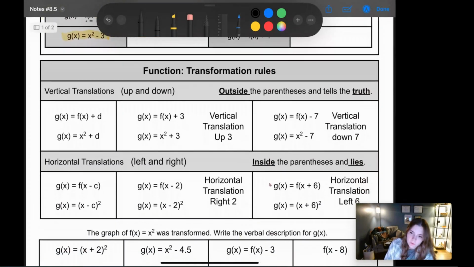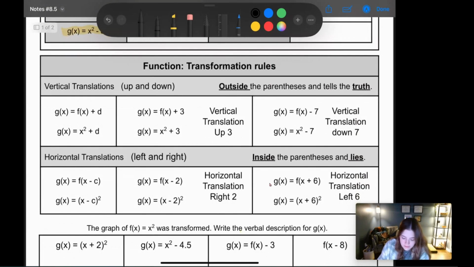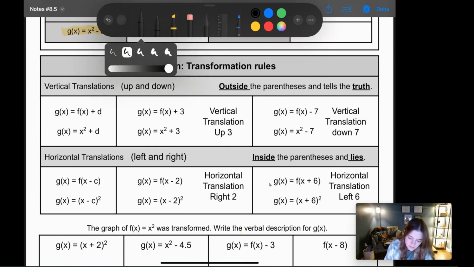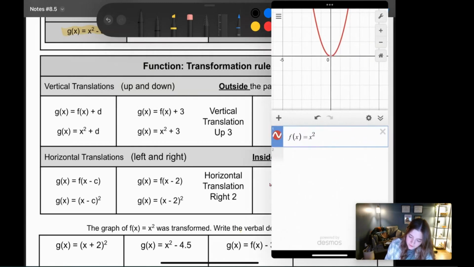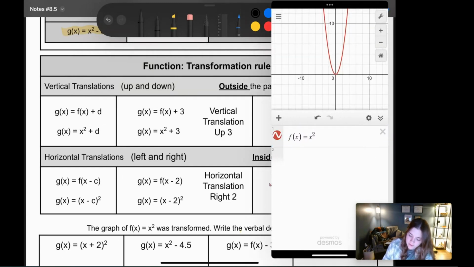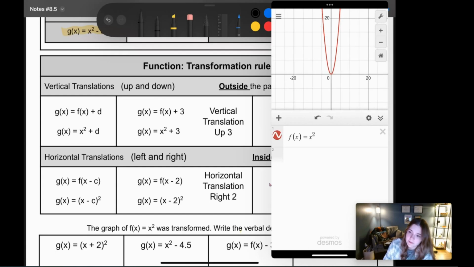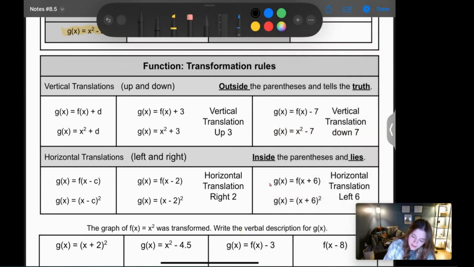But let's talk about the rules that create this pattern. So vertical translations, what we're going to look at first, but remember if I'm looking at a graph like this one, I'm going to zoom out a little bit. Your vertical line is your what axis? Your y-axis.